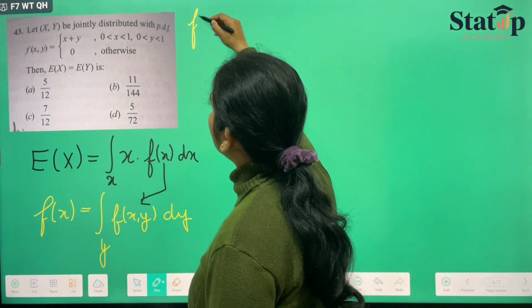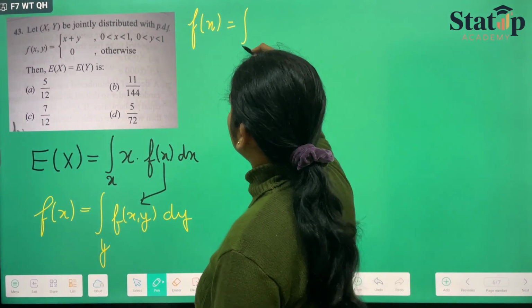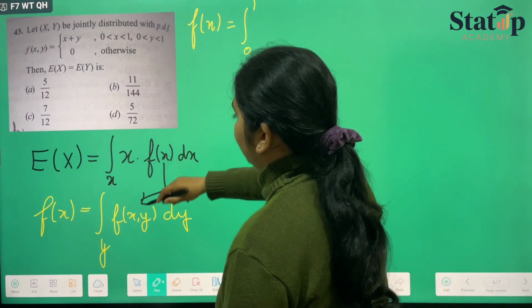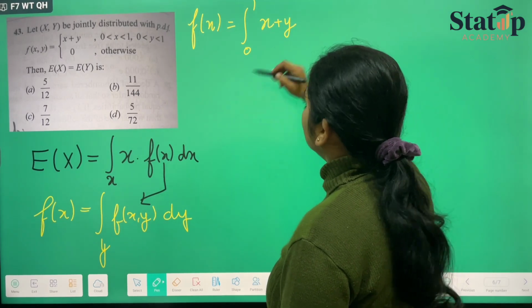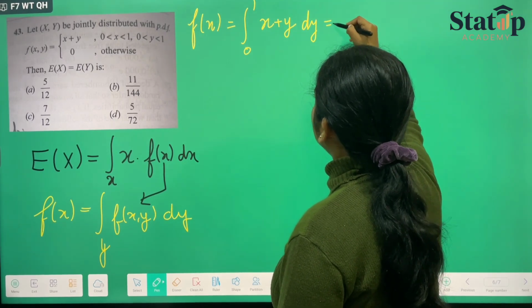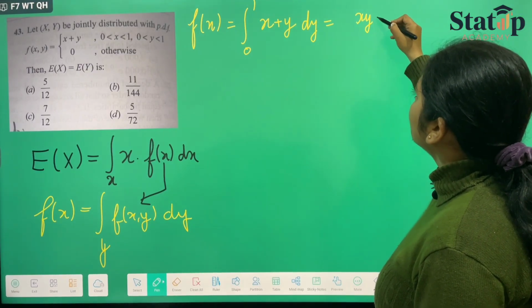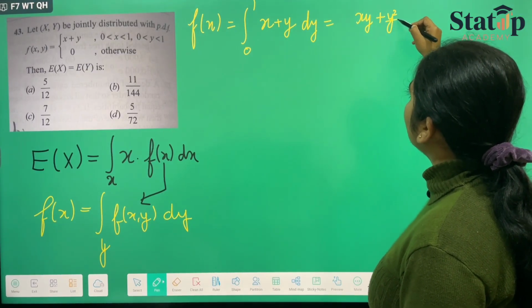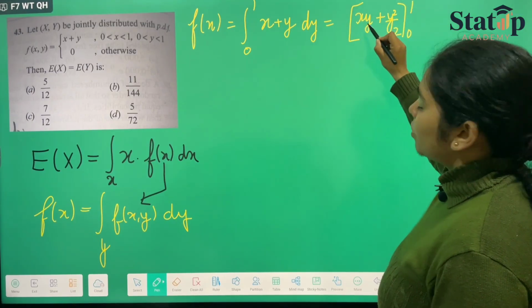For calculating fx, it will be the integration over y. Y has range 0 to 1, and the joint distribution function is x plus y, with dy. Then this can be integrated as xy plus y square by 2 with the limits 0 and 1 of y.